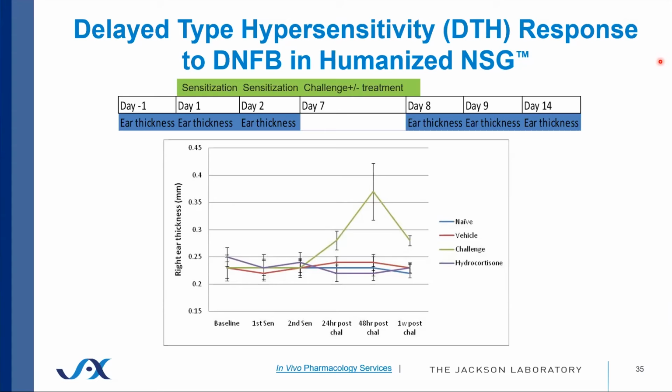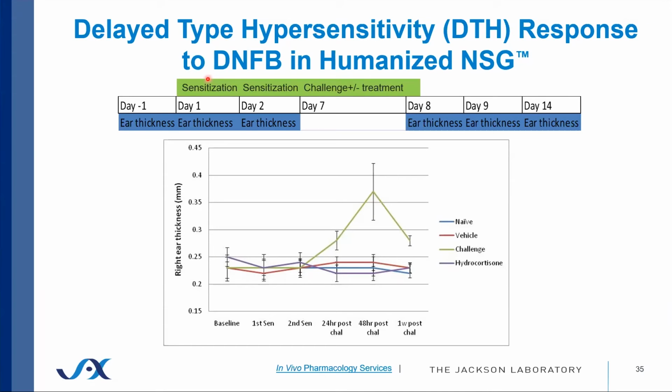So in this experiment, humanized NSG mice were subjected to a delayed type hypersensitivity, or DTH, response. And this involves sensitizing the humanized mice with a chemical called dinitrofluorobenzene, or DNFB, on their abdomens.